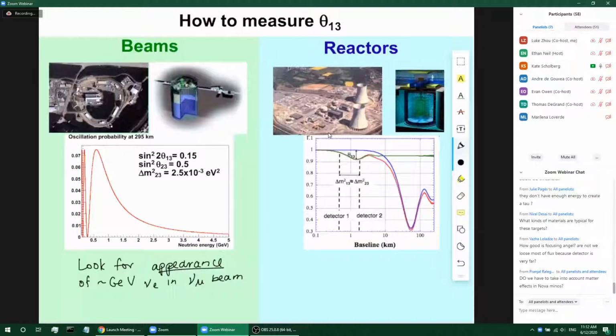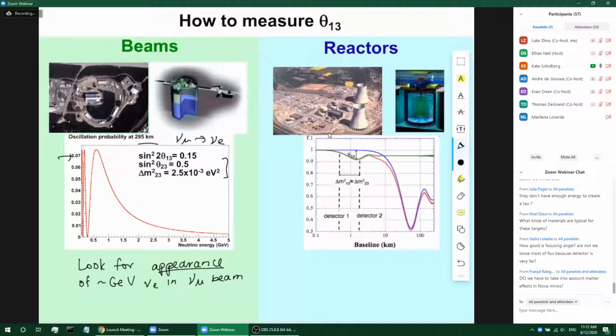And so here, this is an oscillation probability. This is a nu mu to nu e probability as a function of neutrino energy for an assumed theta 1,3 parameter. And this is just to illustrate the principle, and for 2-3 parameters that are known. And you can see this is a 7% appearance probability.